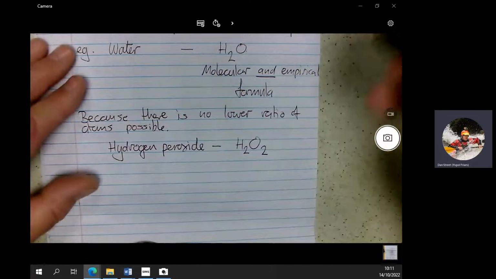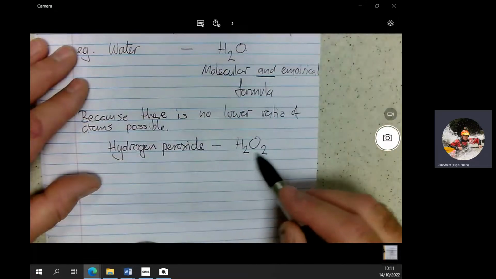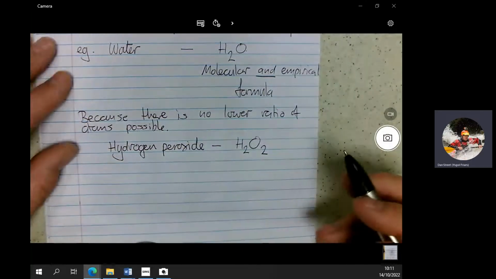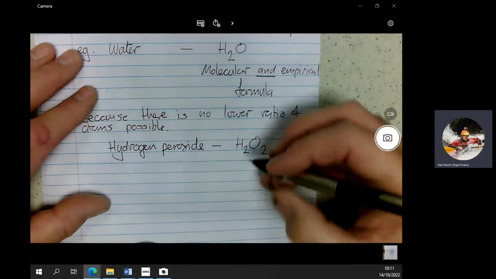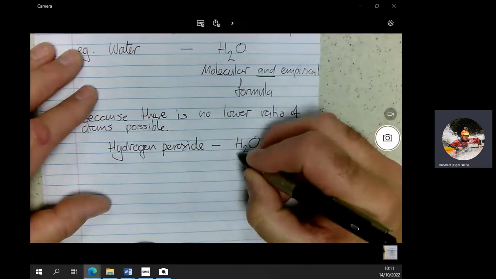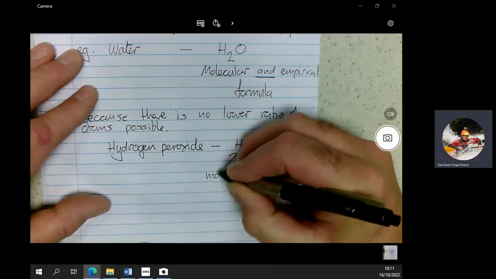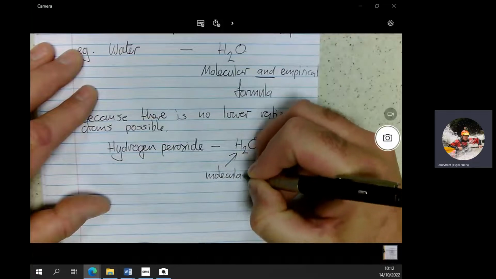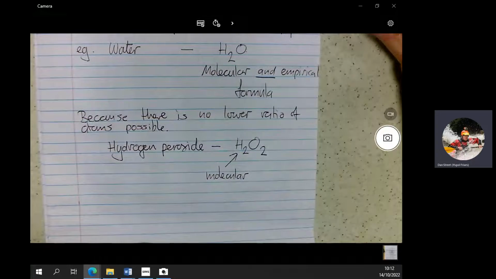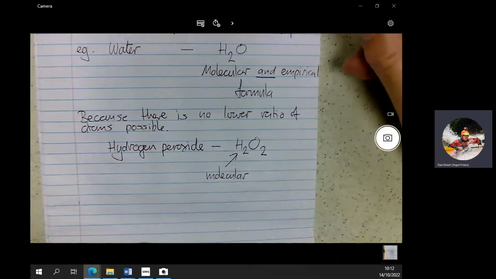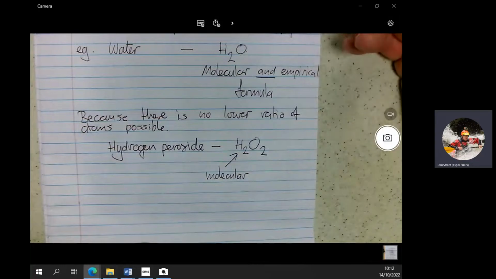If we divide both of these values by 2, we end up with HO, don't we? So that's the empirical formula, and this here would be the molecular formula. If you were able to look at an individual molecule of hydrogen peroxide, you would find that it does consist of 2 atoms of hydrogen and 2 atoms of oxygen.